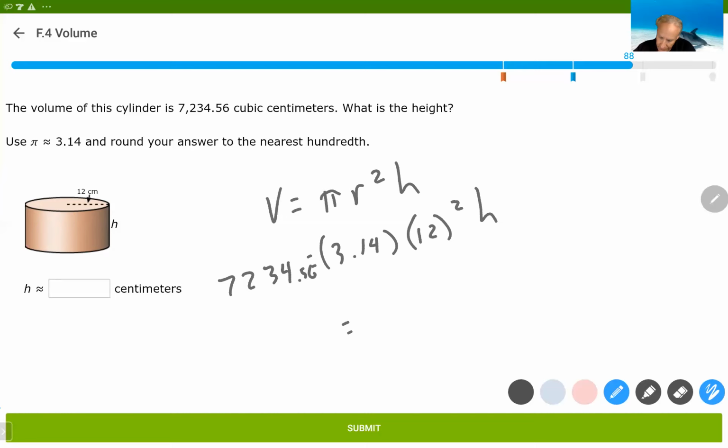There it is. 72. Approximately 15.998, so it's about 16 centimeters.